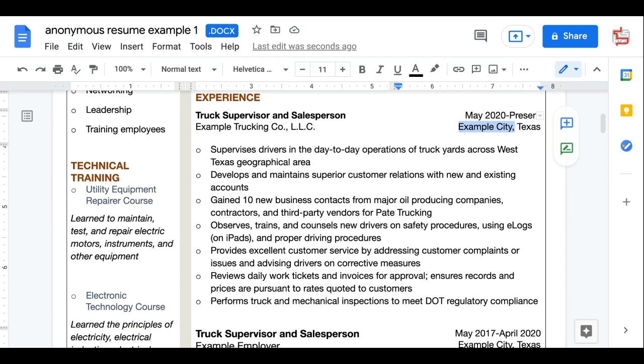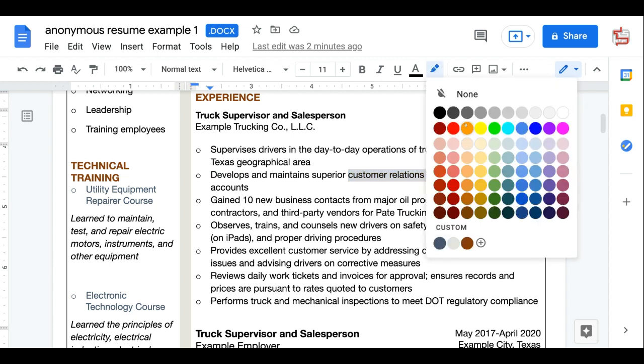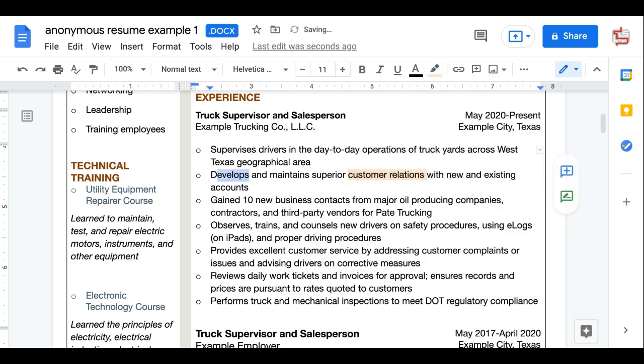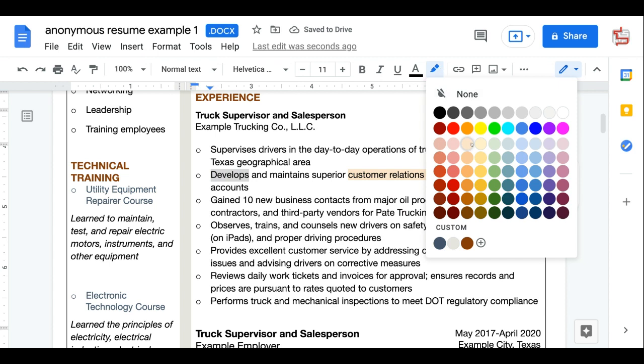The second one: develops and maintains superior customer relations with new and existing accounts. For this one, I think the word develops and customer relations, those were the words that were from the job ad.